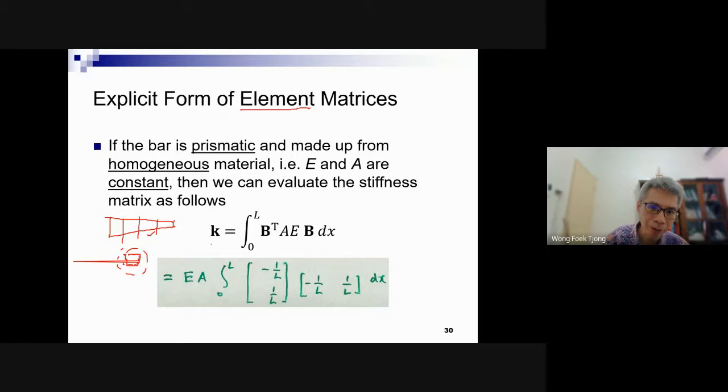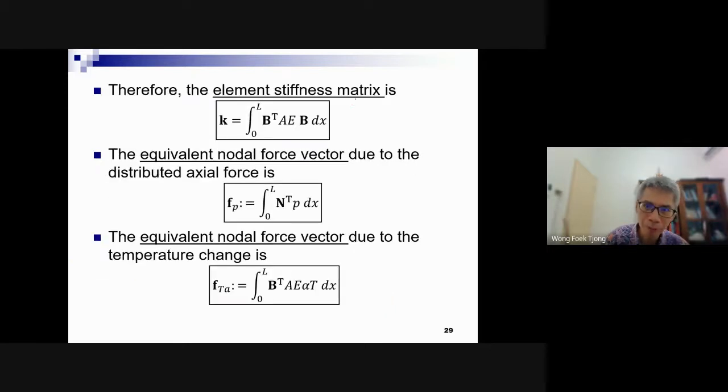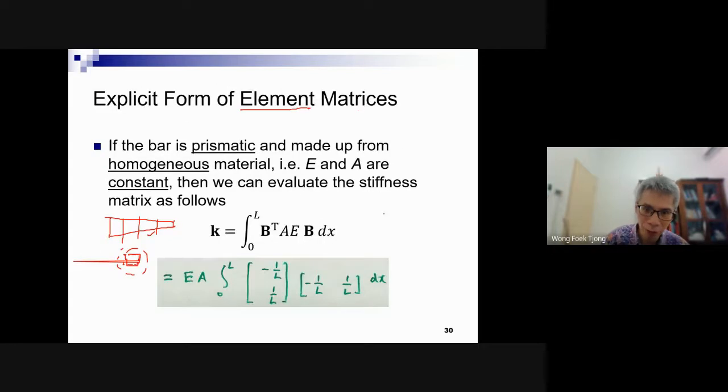So the stiffness matrix for the element, according to this one, I just copy. But what is B? Let's say the bar element is prismatic.